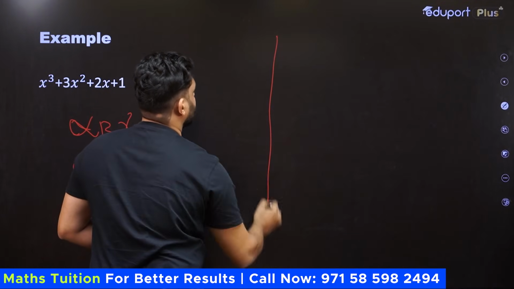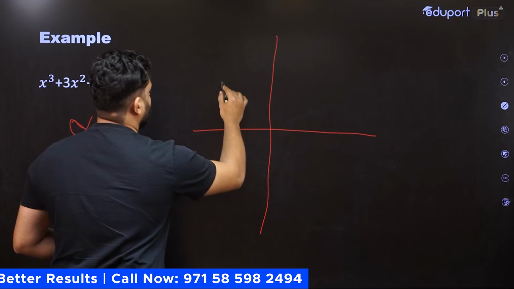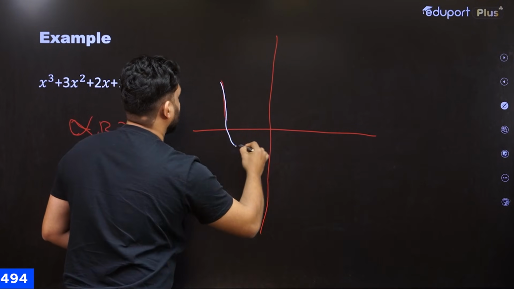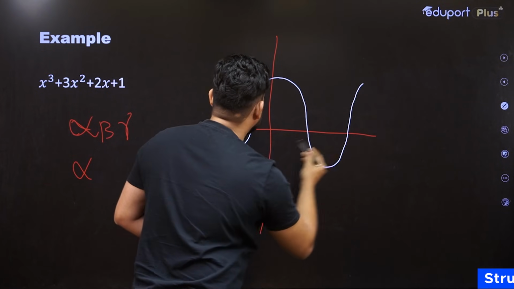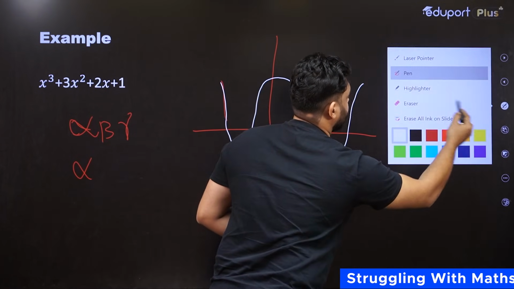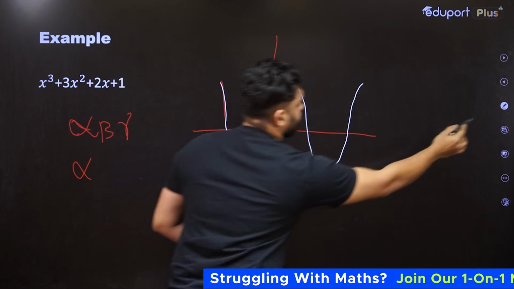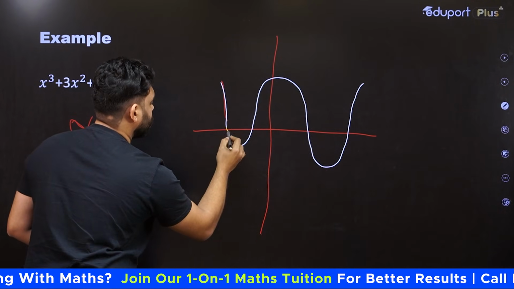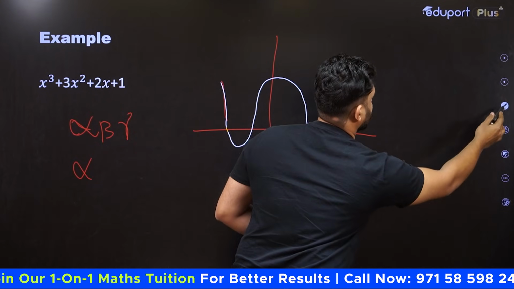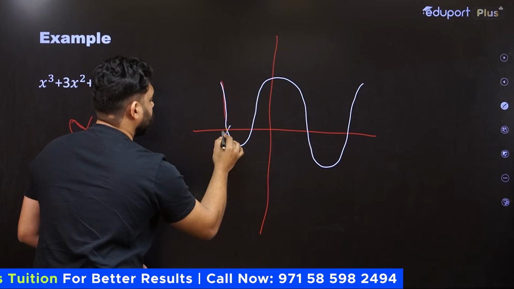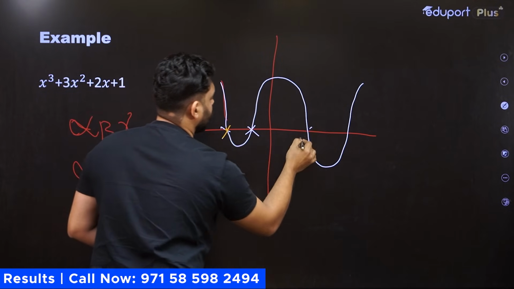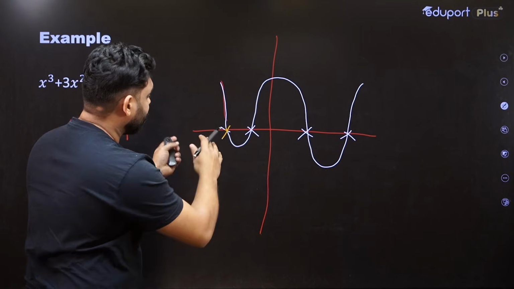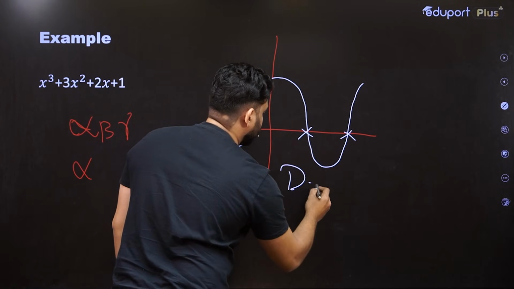So if you are given a graph, just look at how many times it intersects the x axis. It touches here 1, 2, 3 and 4. 4 times it is intersecting or touching the x axis. So this will be the degree.